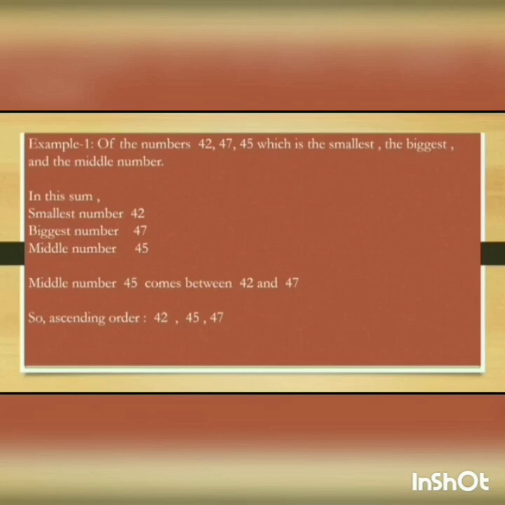In this sum, the smallest number is 42, the biggest number is 47 and the middle number is 45. The middle number 45 comes between 42 and 47. So, ascending order will be 42, 45, 47, from the smallest number to the biggest number.